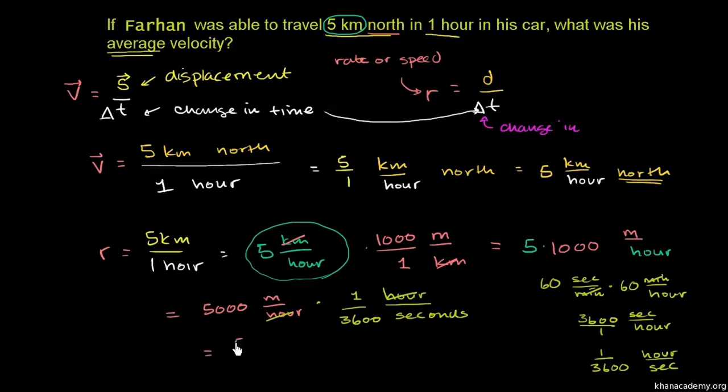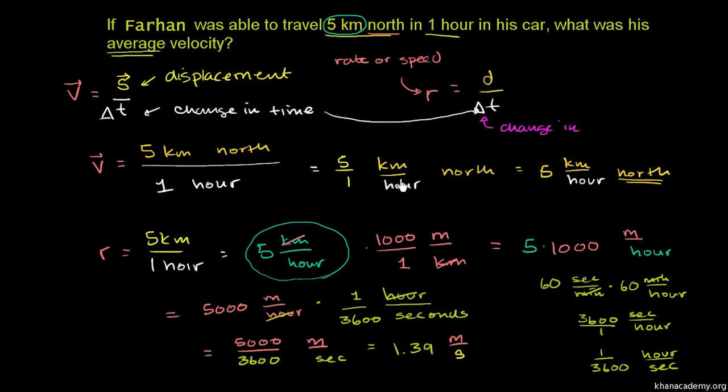And you get 5,000 over 3,600 meters per second, since all you have left in the denominator is seconds. And if we divide, this is equal to 1.39 meters per second. So Shantanu was traveling quite slow in his car.